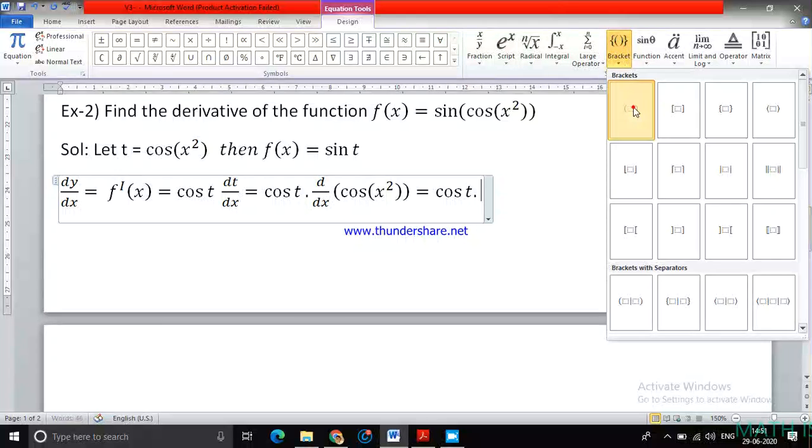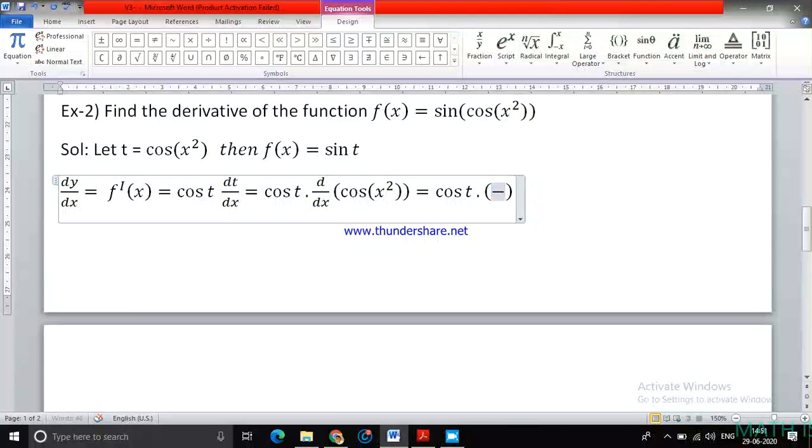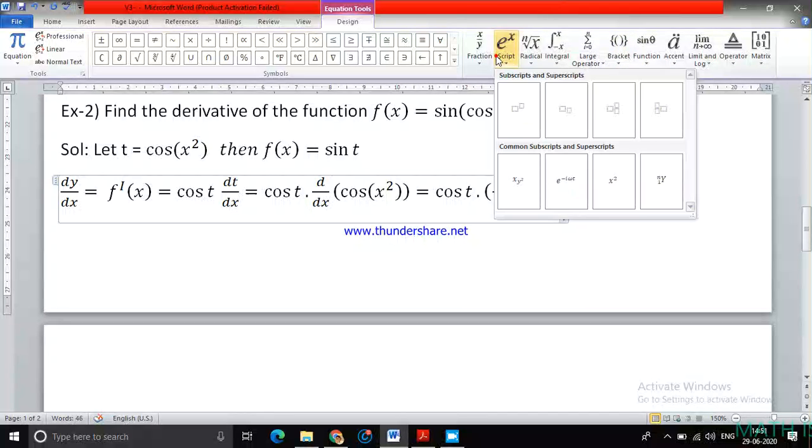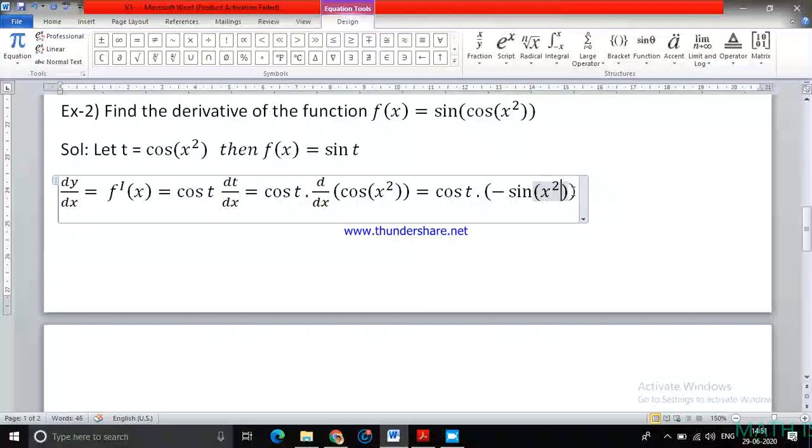So let me put the bracket here. It will come minus sin theta, means x square will be there. So here minus sin x square into the derivative of x square, which will become 2x. If you want, the derivative of x will come as 1, so we need not write that. The derivative of x square is going to be 2x.